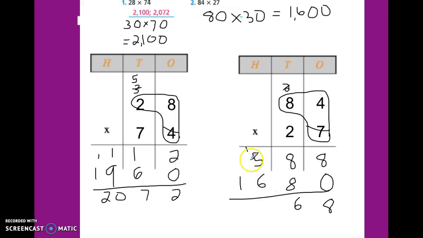We get 11, 12, carry the 1, and 2. So my exact answer is 2,268, and my estimated answer was 1,600. So you can see our estimate and our exact are still pretty far away, but it does give you a range that it would be in.